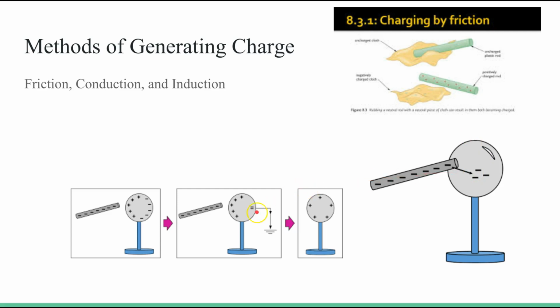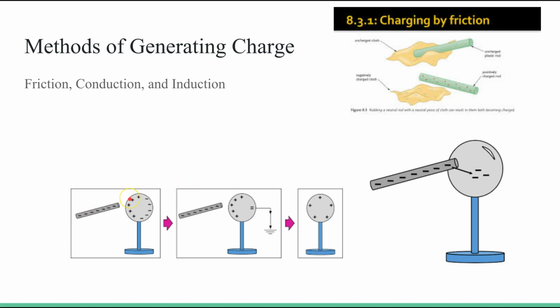Then induction. This method of charging, induction, basically means when you have a negatively charged object. So what happens over here? You have a negatively charged object, and you could see the negatives being so close. Well, you might know that opposites attract and like charges repel. So the like charges, the electrons, don't want to be near this negatively charged rod.